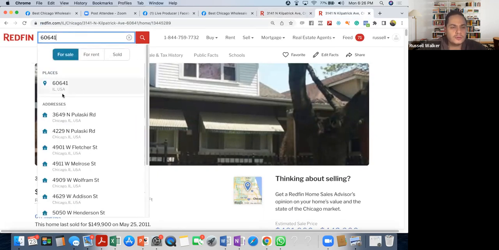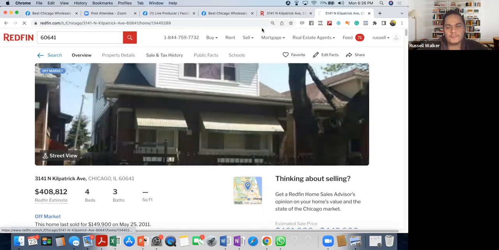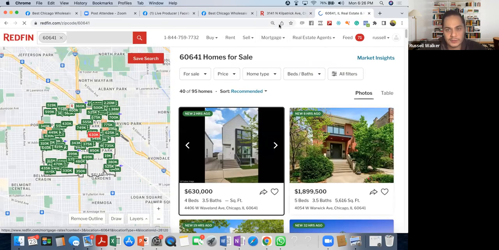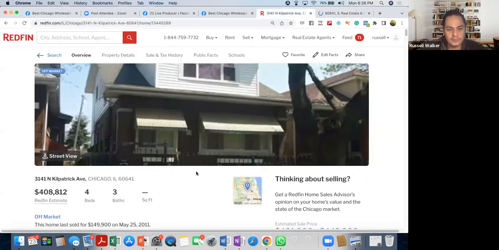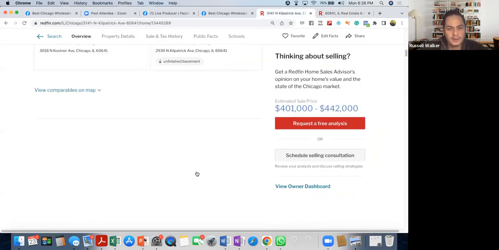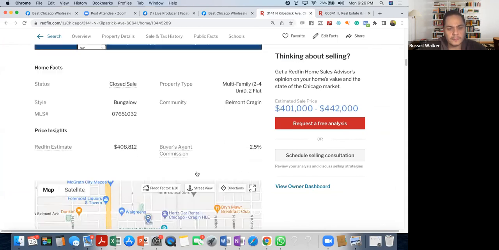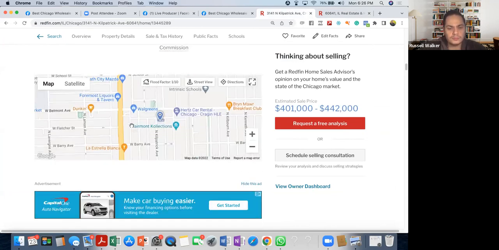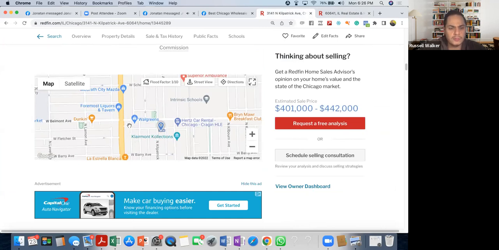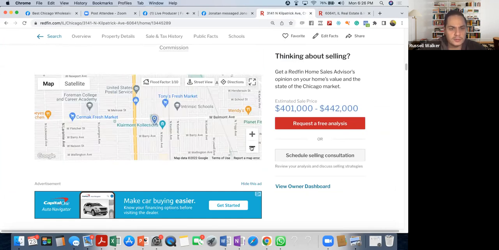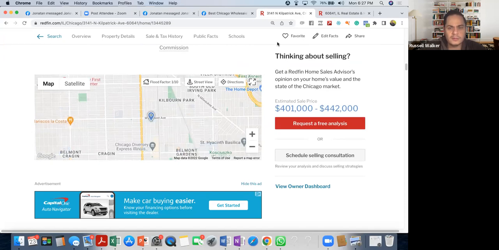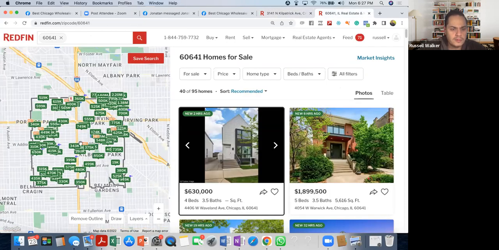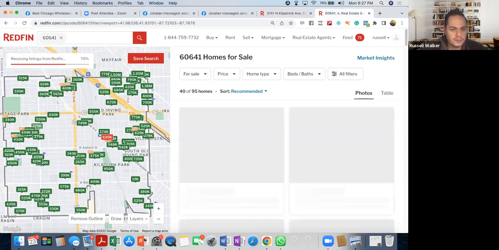So what we do is we go into Redfin, and if you don't have Redfin in your area, you can do Zillow. Usually Zillow is there, and this property is located right off of Belmont and Cicero. So it's probably right around here. Belmont is right down here.